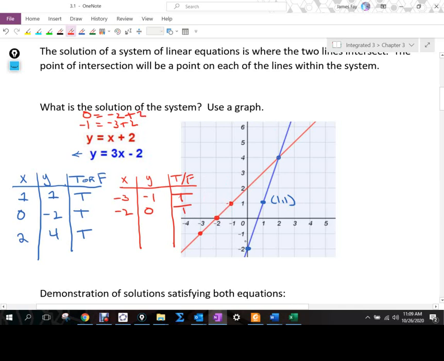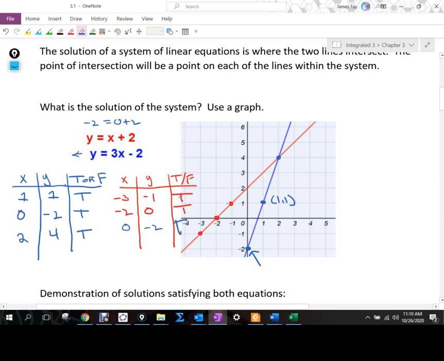Now, if I take a blue point and plug it into the red equation, let's take that blue point right there, 0, negative 2, and plug it in for the red one. Is negative 2 equal to 0 plus 2?